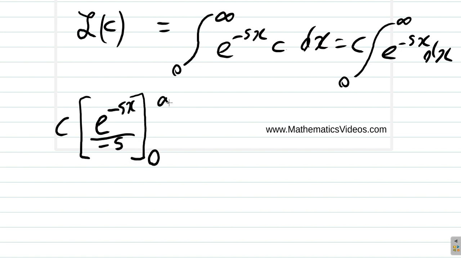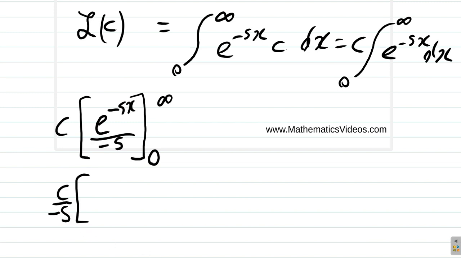From 0 to infinity. Alright, now, here, this is c times, now, negative s. S is a constant, so negative s is also a constant. So you could factor out the negative s and put it under here.